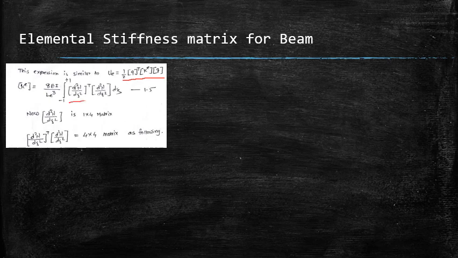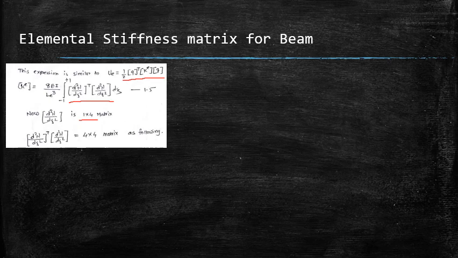This is the integral. Now d2N by d zeta square is nothing but a row vector whose dimension is 1 row 4 columns, and d2N by d zeta square transpose will be a column vector whose dimensions are 4 rows and 1 column.